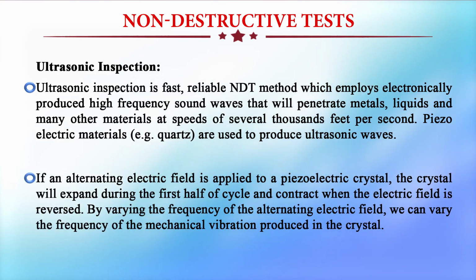If an alternating electric field is applied to a piezoelectric crystal, the crystal will expand during the first half of the cycle and contract when the electric field is reversed. By varying the frequency of the alternating electric field, we can vary the frequency of the mechanical vibration produced in the crystal.